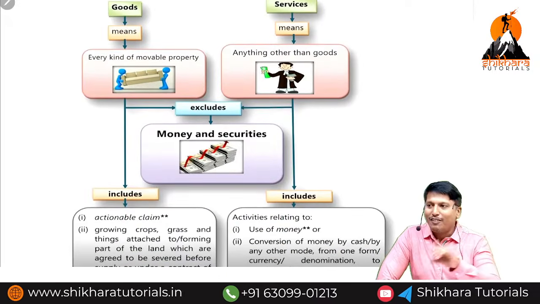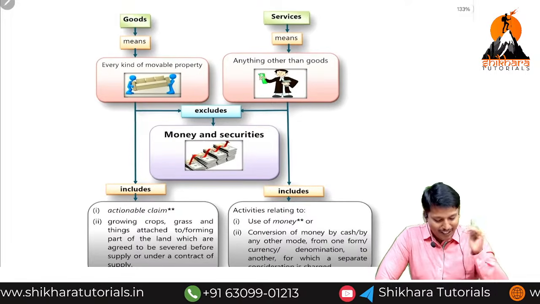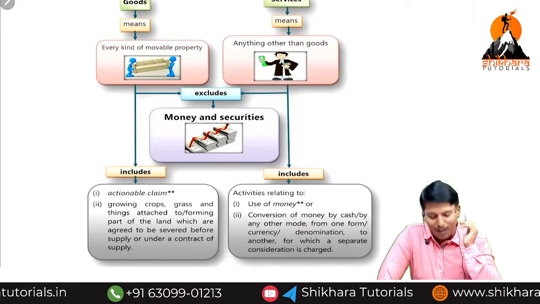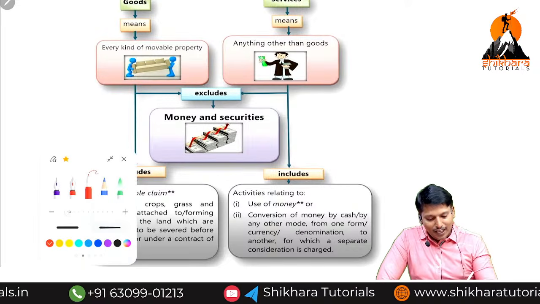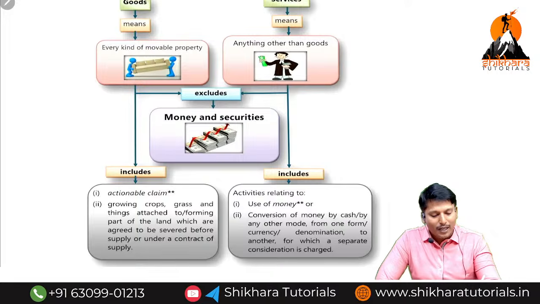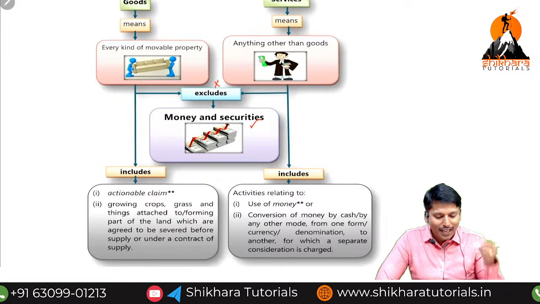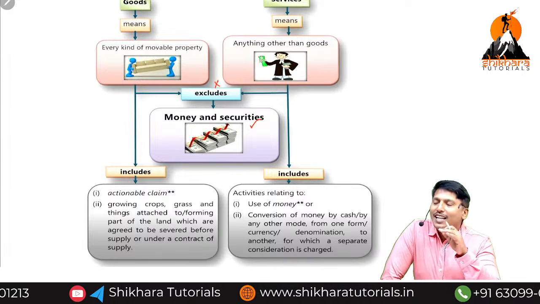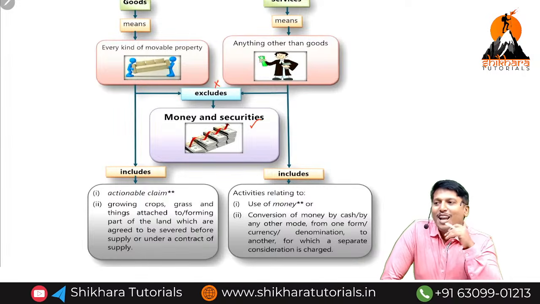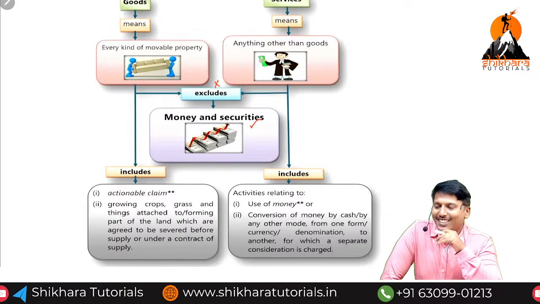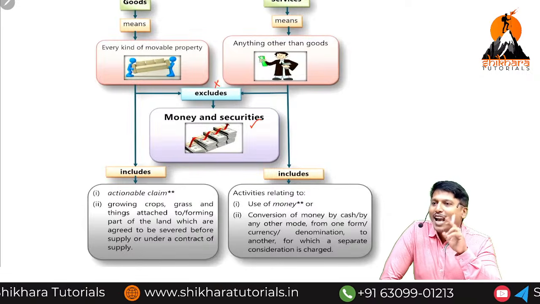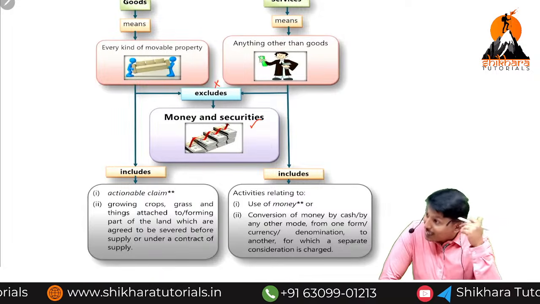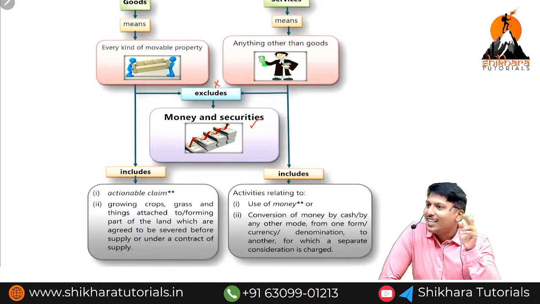Now, we already covered this, but we will see it in depth. Goods means what? Every kind of movable property, excluding money and securities. As I said, when we compare with the Sale of Goods Act, in the Sale of Goods Act, actionable claims are excluded and securities are included.